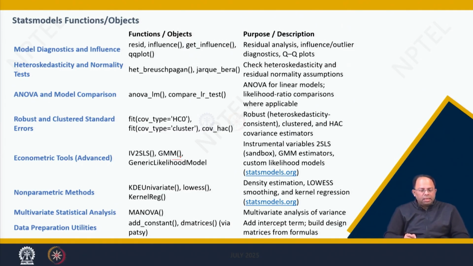Then there are KDE density estimation and kernel regression, those kinds of models. Then there is MANOVA that we can test. We will also learn MANOVA in this lecture itself. And then there are some data preparation utilities such as add_constant, for when you are developing a model you can add a constant, and dmatrices and so on.